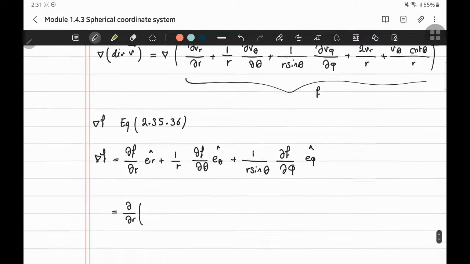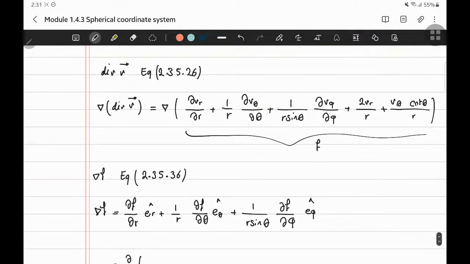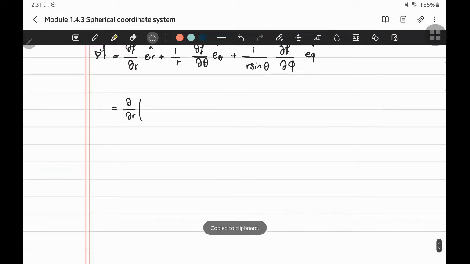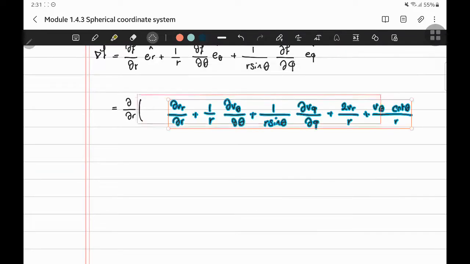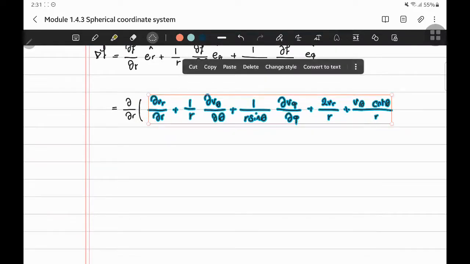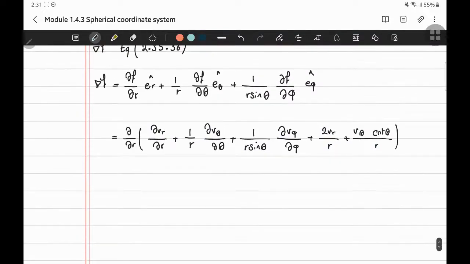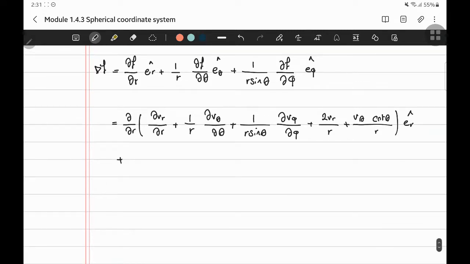I just copy and paste this one, close the parentheses, and then we have er plus 1 divided by r partial derivative of, again, f with respect to theta.